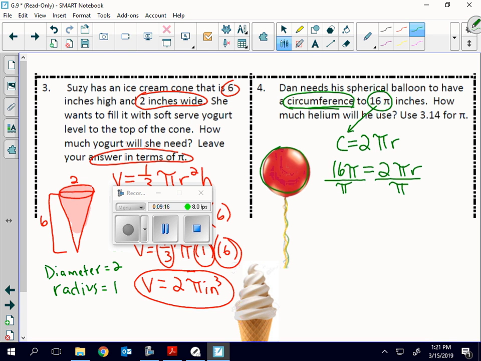I'm trying to figure out what r is so I can figure out the volume. That's all I need for the volume is the r. The pi's cancel, leaving me with 16 equals 2r. Now I can solve for r. I can divide by 2, and r is 8.